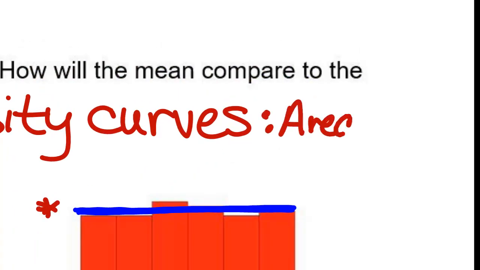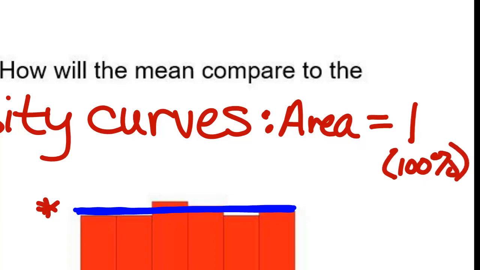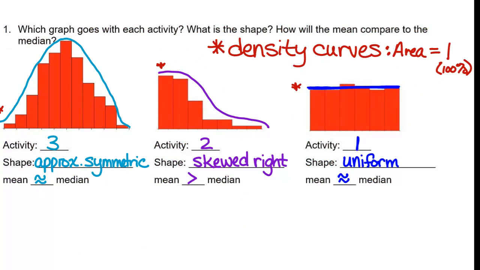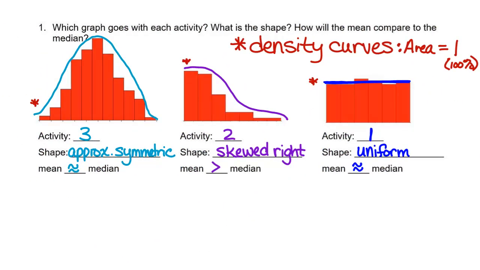the area of a density curve will always be 1. Or if you want to think in percents, it's always going to add up to 100%. The area under a density curve is always 1.